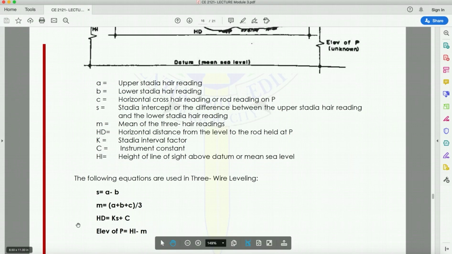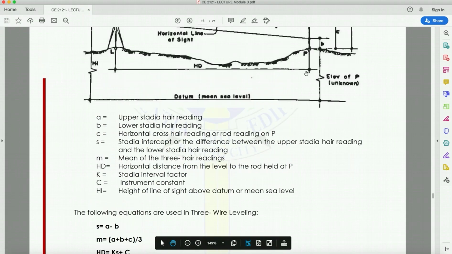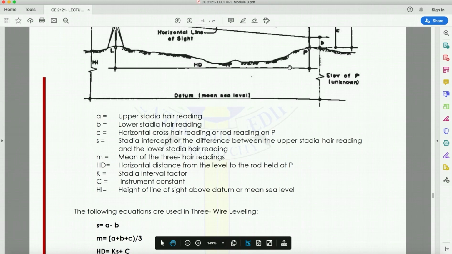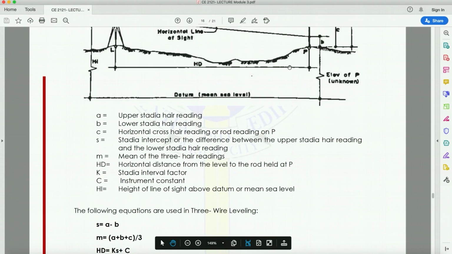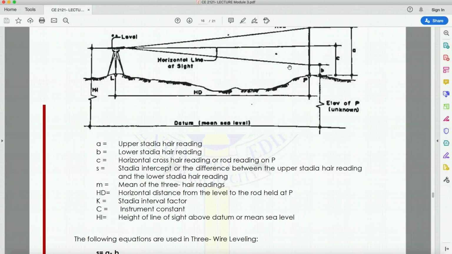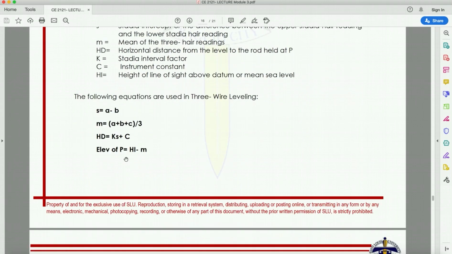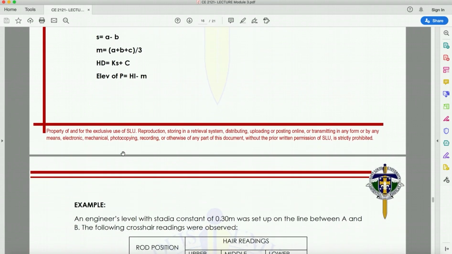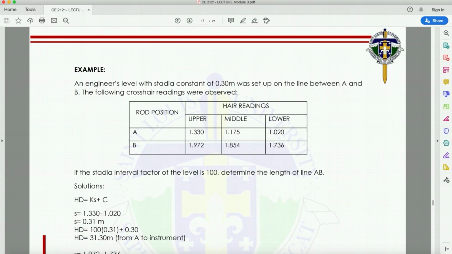And elevation of P here is HI minus the mean. So height of the instrument minus the mean. So you can get your elevation of P. Okay, so let's try this example.